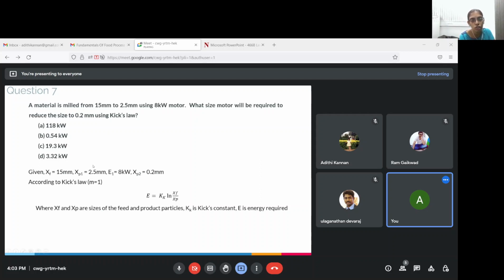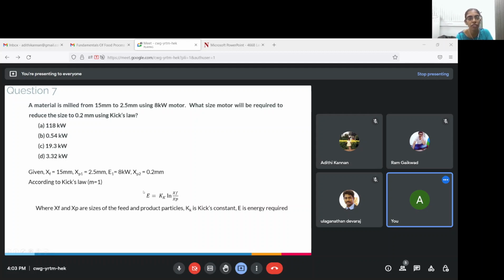So in that case, you will assume m is equal to 1, and when you actually integrate, this is the formula that you get. E is equal to kk, which is your Kick's constant, into natural log of xf by xp, where xf is the dimension of your feed, xp is the dimension of your product. So from this you can calculate the energy required for a product to be milled using Kick's law.